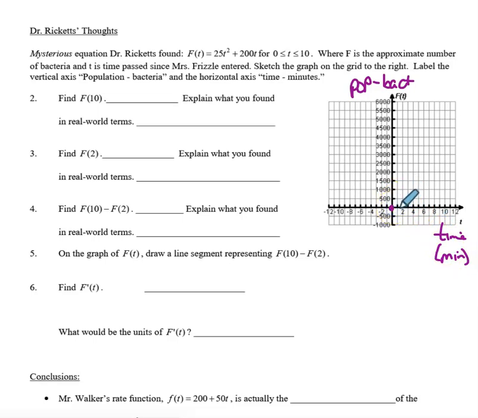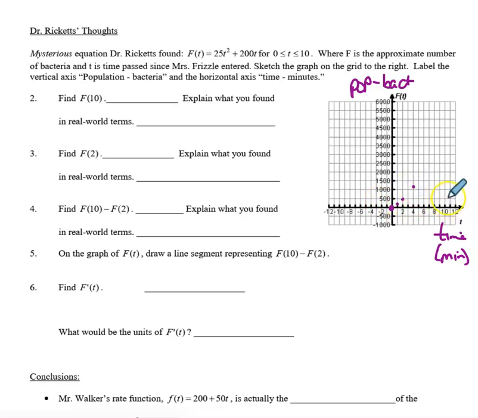And then I can just start plugging in values. If I plug in time equals 1, looks like I'm going to get 225. If I plug in time equals 2, it looks like I'm going to get 500. And I might skip to time equals 4. 16 times 25 is 400, plus 800 is 1200.